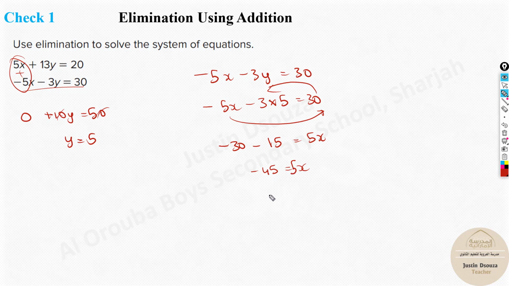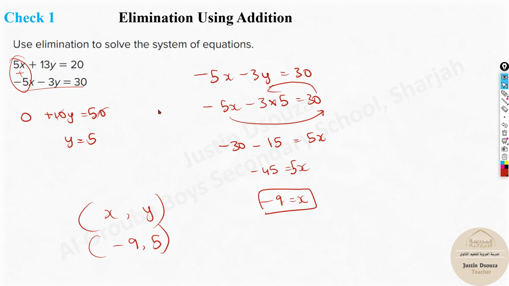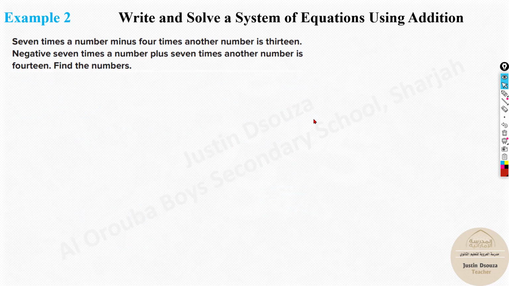Now divide both the sides by 5, you will get minus 9 equals x. So this is the answer. First we found the y value of 5, and the x value is minus 9. But if you're writing in terms of solution, always remember it's x comma y, that means it'll be minus 9 comma 5. This must be your solution. So here is the answer, minus 9 comma 5.